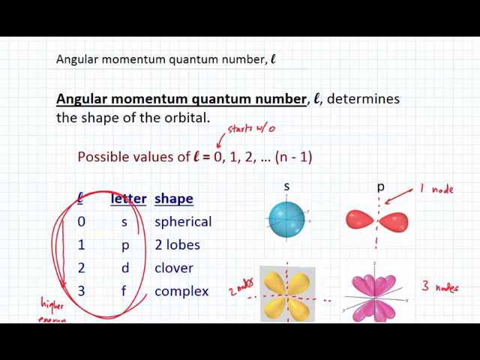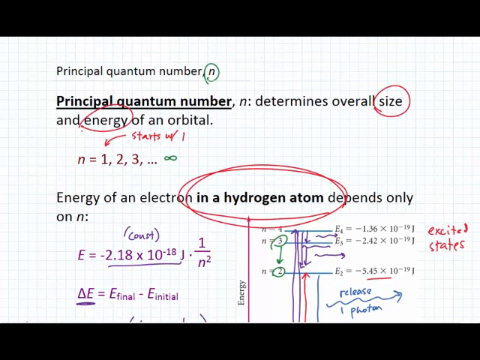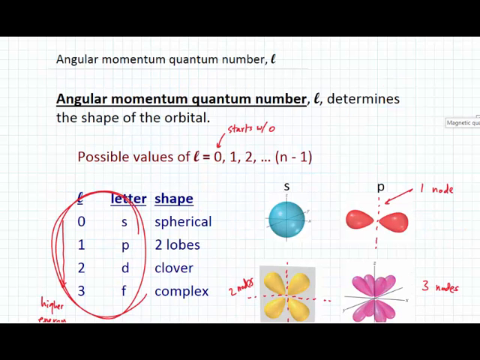Size and energy. l determines the shape. We probably better write here that they also have minor energy differences as well. I think we showed that it goes s, then p, then d, then f in increasing energy because we're adding those nodes each time.